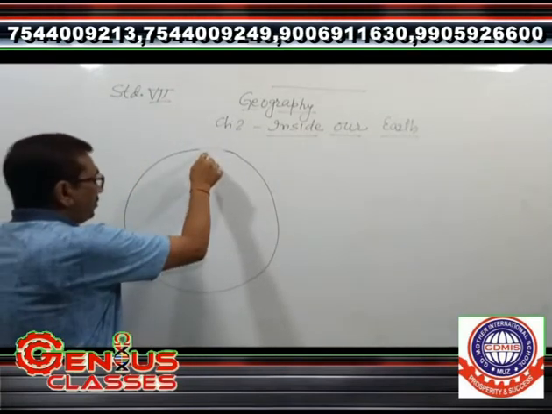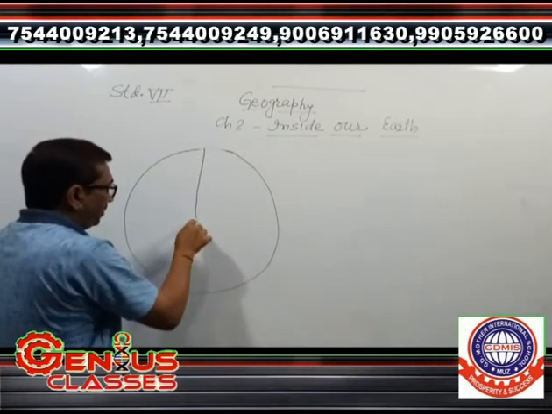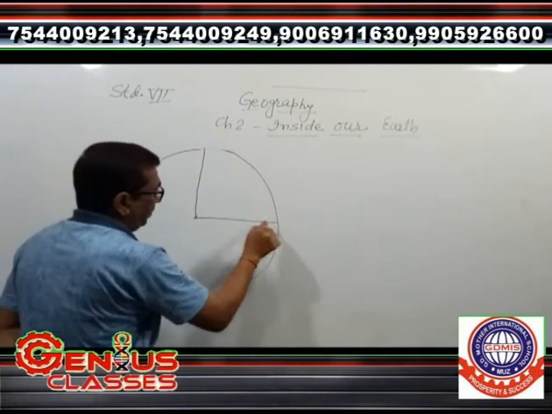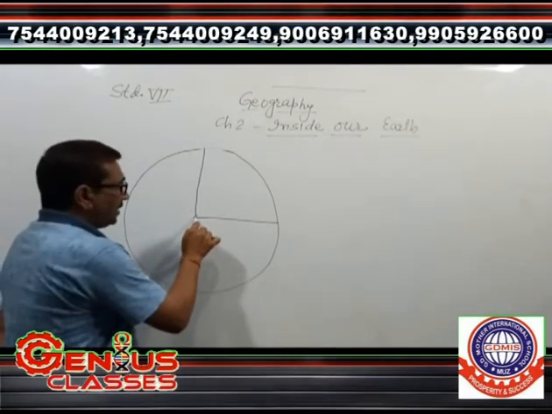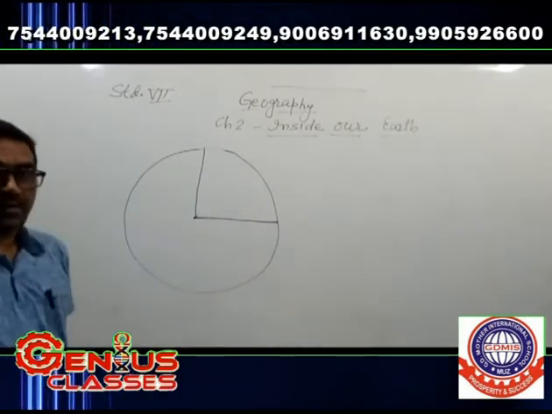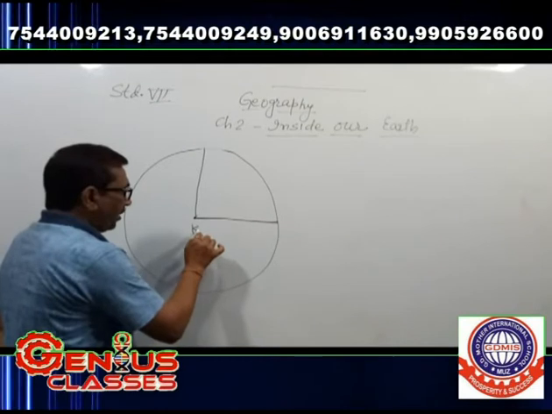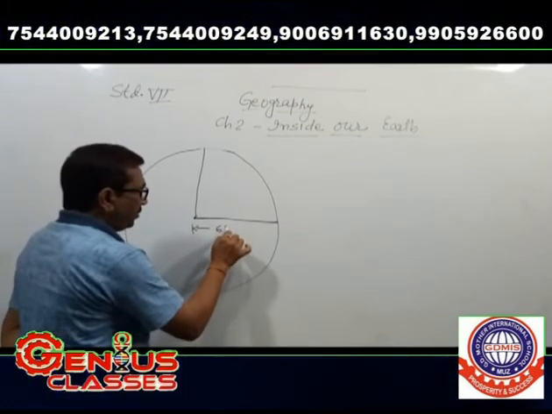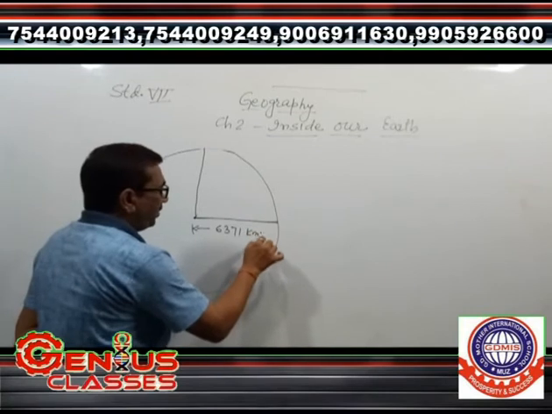So if we draw its center, this is the center of the earth, and this part is the radius of the earth. The actual radius of the earth is 6,371 kilometers.